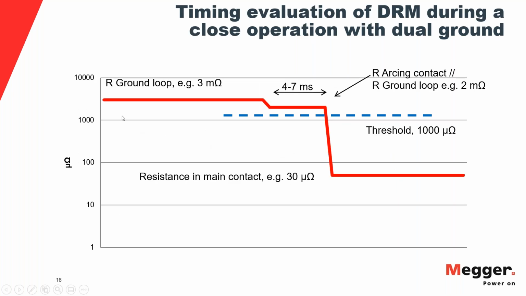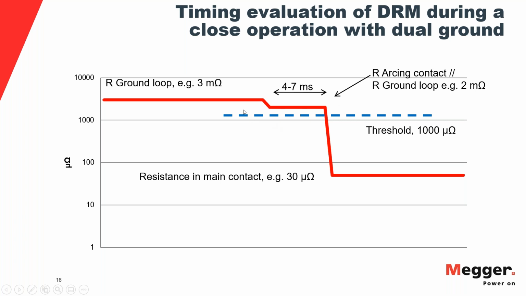And you get something, this is an ideal graph, but anyhow, you get something that looks like a trace that's going down like this, as the resistance changes. When only the ground loop is connected, which means an open breaker, you might have something like 3 milliohms. Then you will have the arcing contact, which is a small step down in resistance, since the arcing contact itself varies a lot, but it could be 1, 2, 3 milliohms itself.